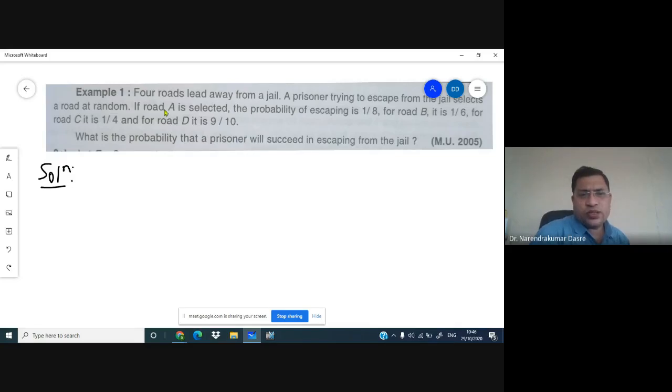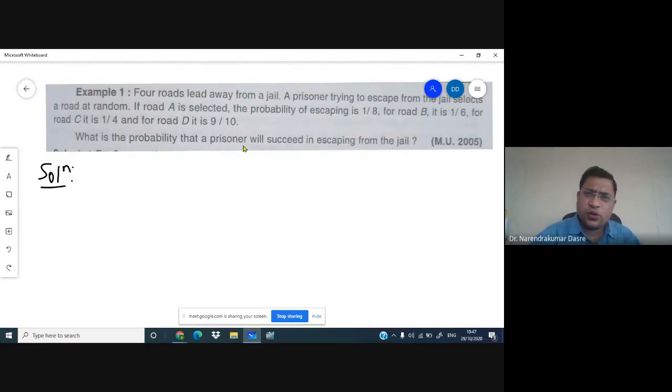That's why the roads are going to be the partition, and the event is going to be succeeding in escaping. So we have to understand the partition and the event defined on the partition properly.